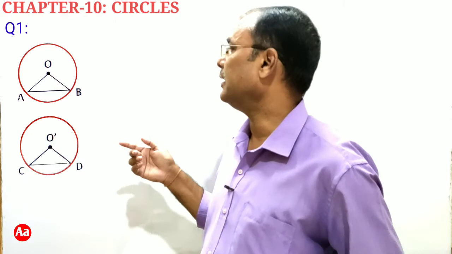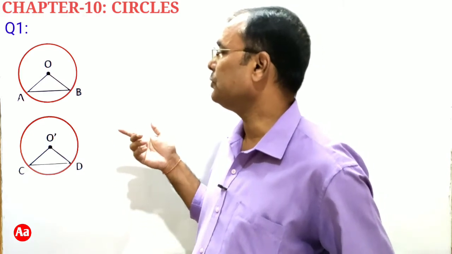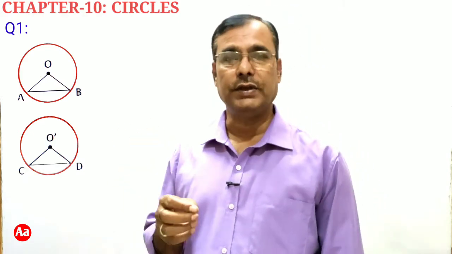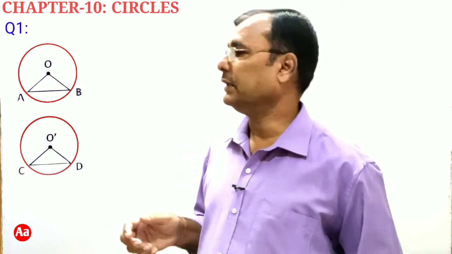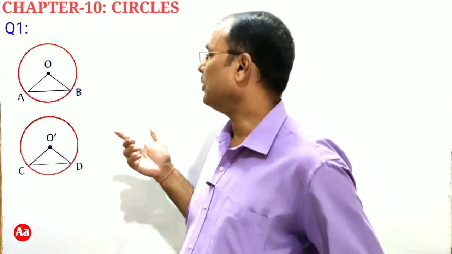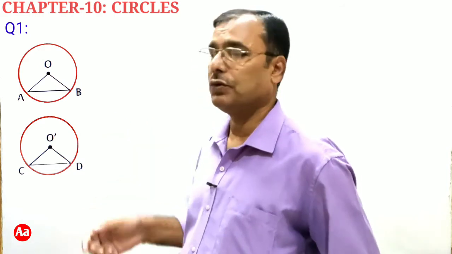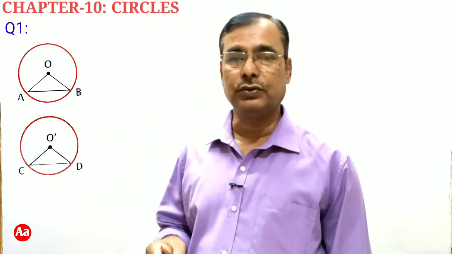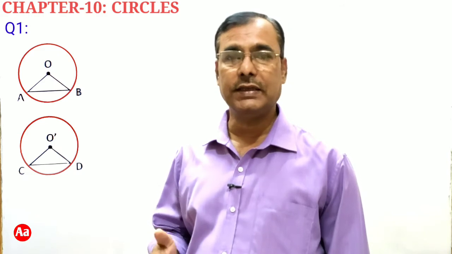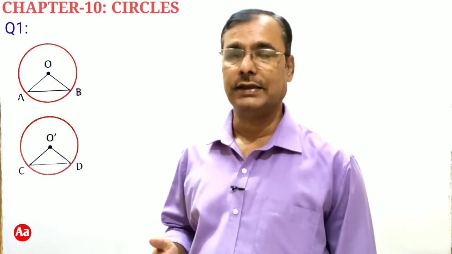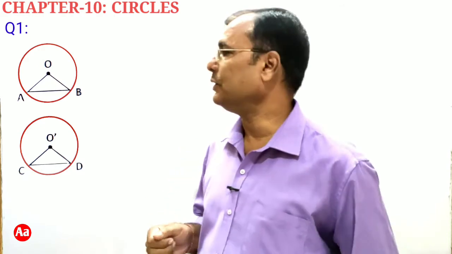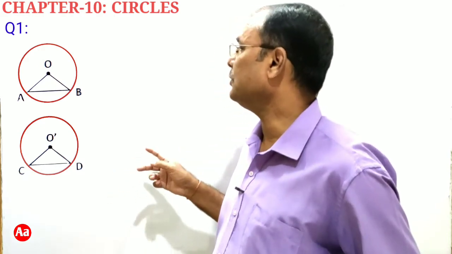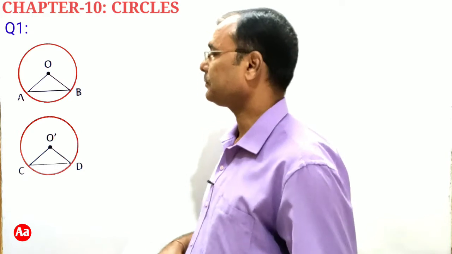AB and CD are two equal chords in two congruent circles with centers O and O dash. We are going to prove that these two equal chords subtend equal angles at the centers. That is, angle AOB is equal to angle CO'D.